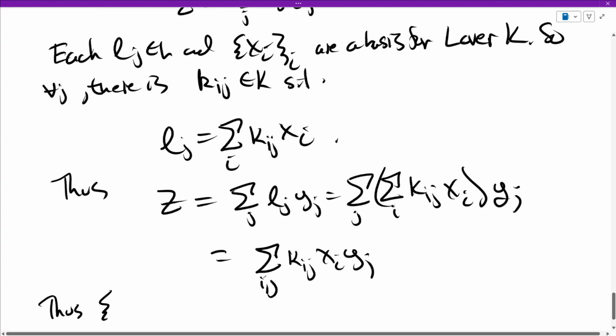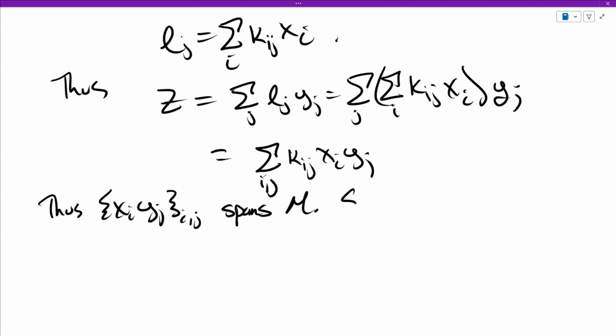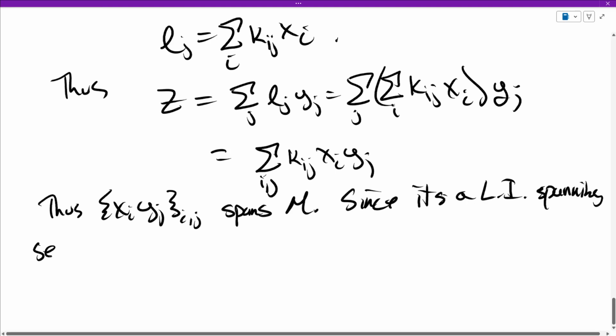Thus, our proposed basis spans. And since it's a linearly independent spanning set, it's a basis. So what do we conclude?